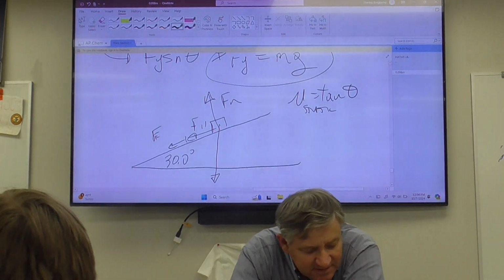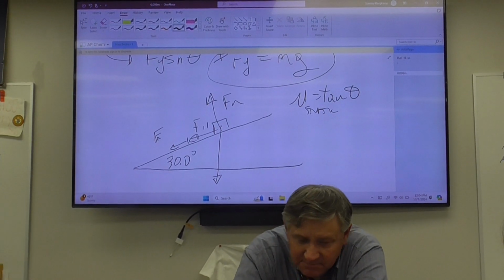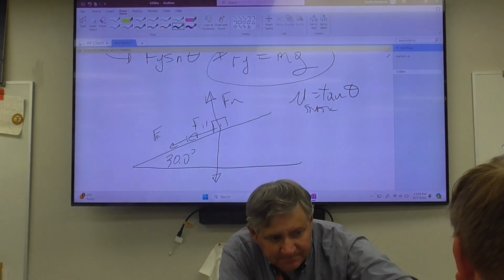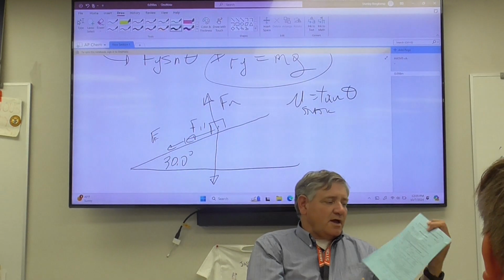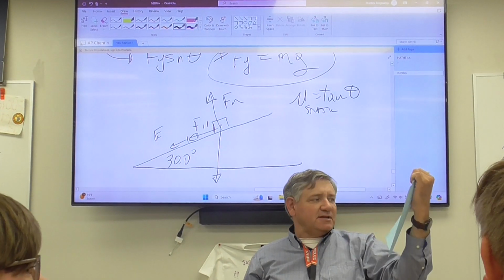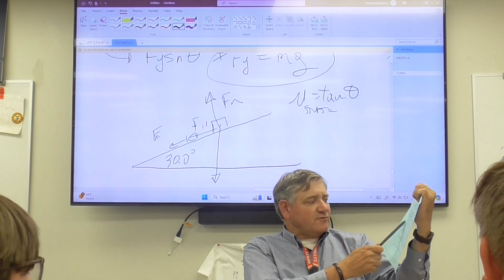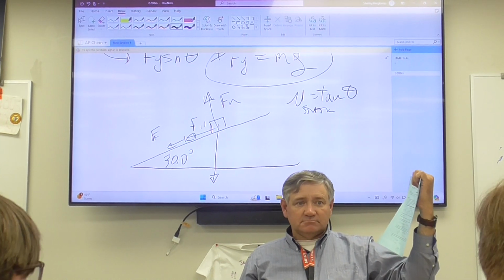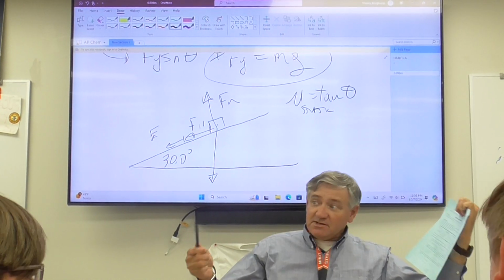Now, you have to decide how you want this system defined. Jackson, let me see the paper. This one. So, Jackson defined downhill as being negative, so when I look at that force parallel, which is right, he should have a negative number, okay? Because that's how he defined his system.